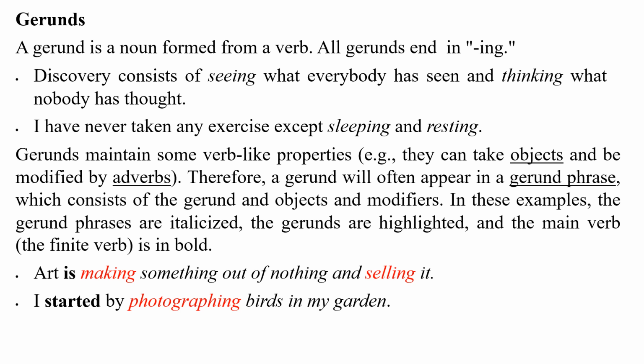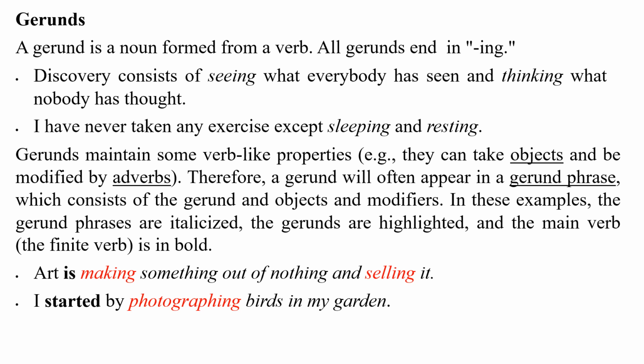Therefore, a gerund will often appear in a gerund phrase which consists of the gerund and objects and modifiers. In these examples, the gerund phrases are italicized, the gerunds are highlighted, and the main verb, that is the finite verb, is in bold. Art is making something out of nothing and selling it.